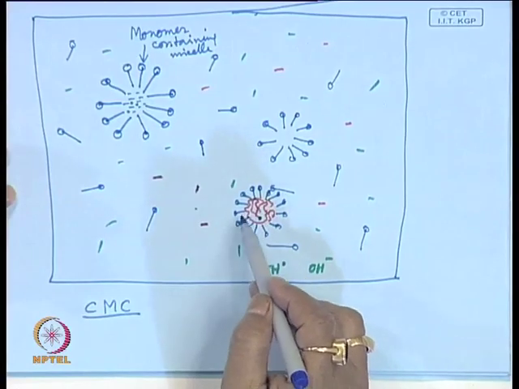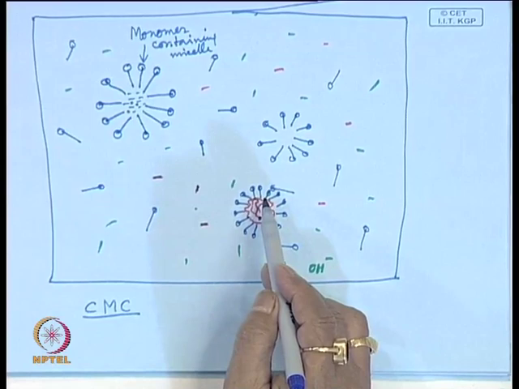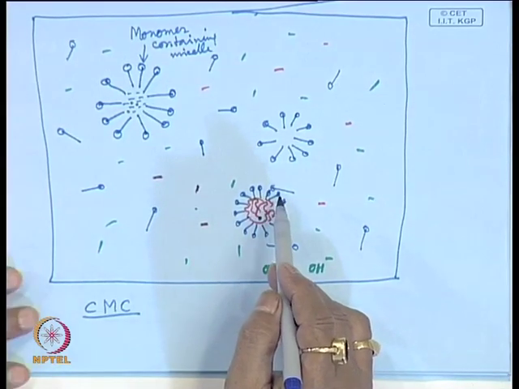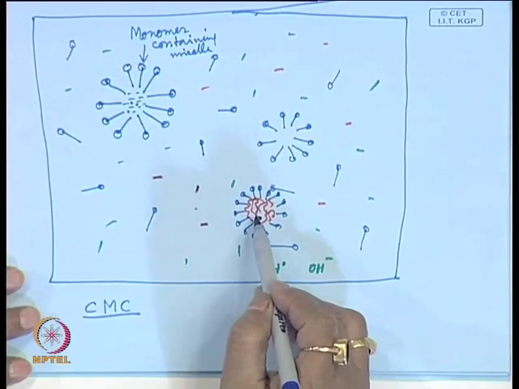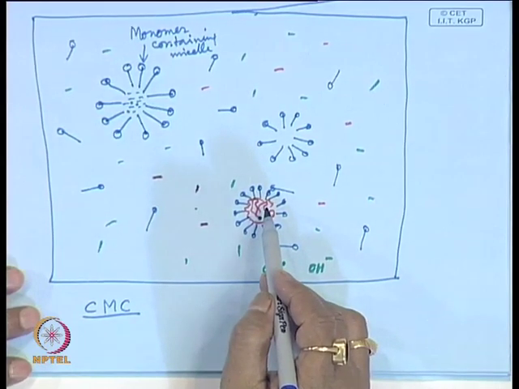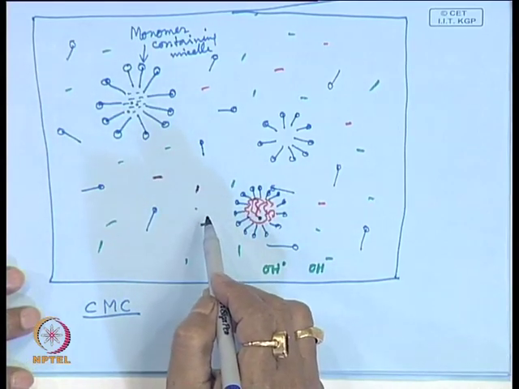So, what happens? We can get the longest polymer chain or highest molecular weight, and since there is minimum disturbance here, we can get the highest rate of polymerization. So, this is the beauty of the emulsion polymerization technique, which can provide highest molecular weight and highest polymerization rate.